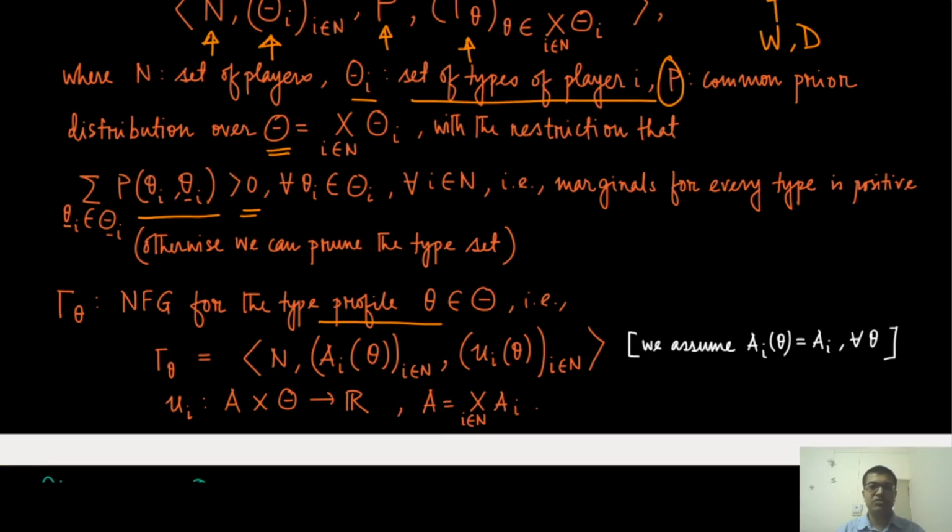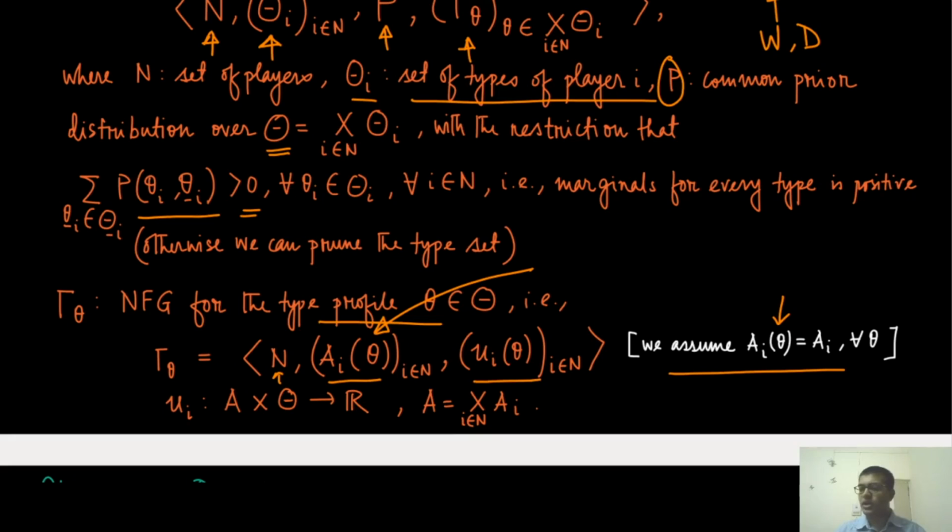So the representation is pretty simple. You have the same set of players, you have the action set. In general, the action set can also depend on theta, so based on the type profile the action set may differ, but we'll be assuming that the action sets are always going to be the same. It does not depend on theta.